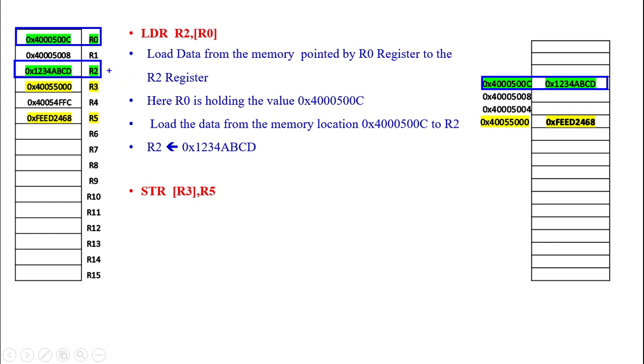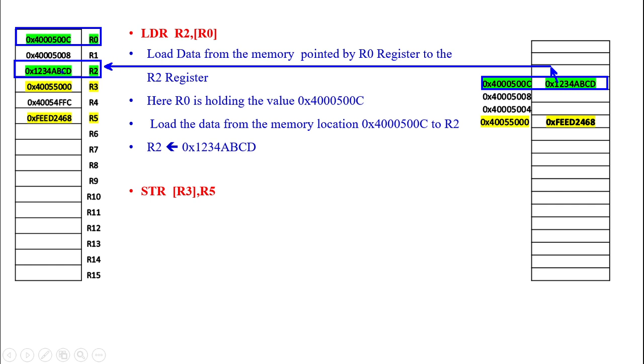So like this, it is going to work. R2 is a register, and R0 is holding a memory location 500C. This is my R0 register address, and the content present there is ABCD1234.